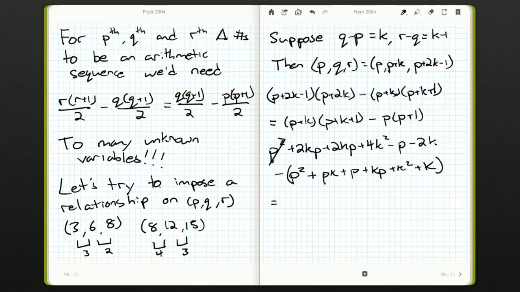So that cancels out with that. That and that cancel out with one of those. So we're left with 2KP plus 4K squared minus 2P minus 3K. So that's the first expression.